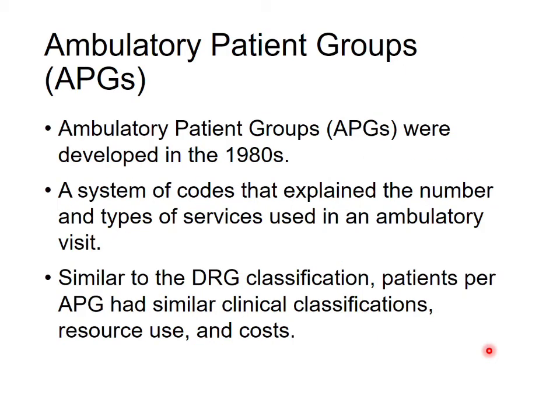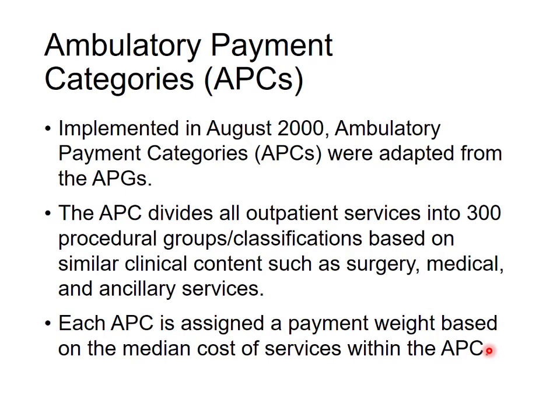And again, this comes to the ambulatory patient group. This is a group that came up with a coding system giving a number or a value to certain diagnoses, certain treatment options, or certain services associated with that, and helped come up with a standardized method when it came to reimbursement.